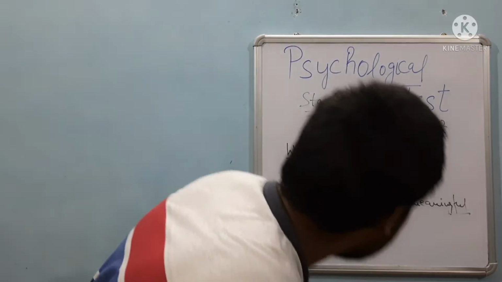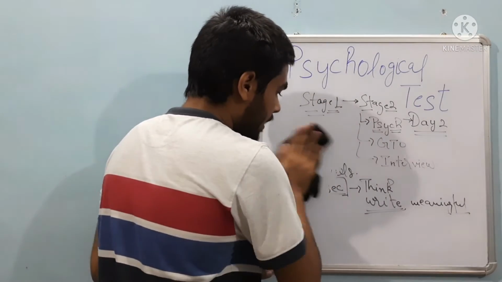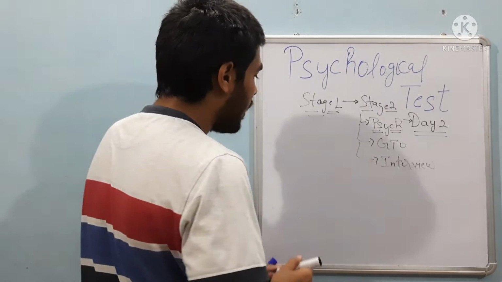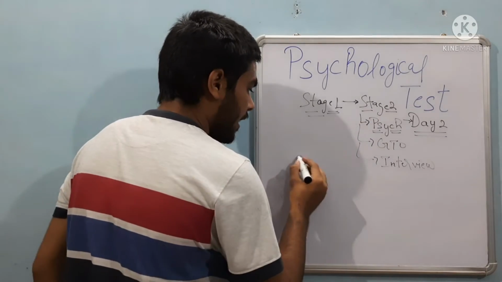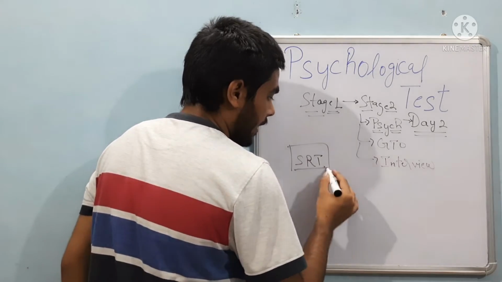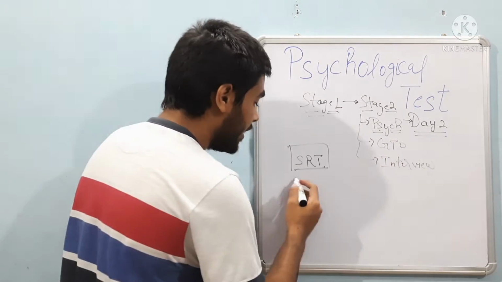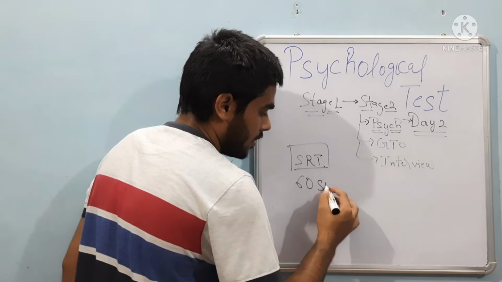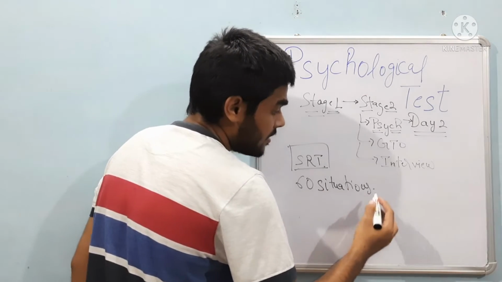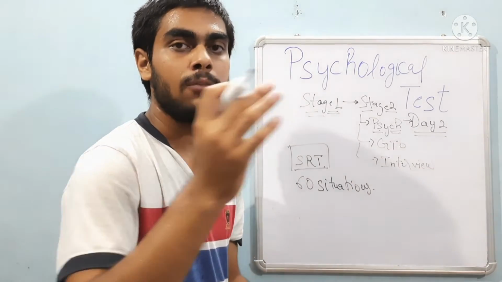After completing 60 words, the next will be SRT. In SRT, you will have a booklet-type dossier in which there will be 60 situations. In this, there is no individual time for one situation.